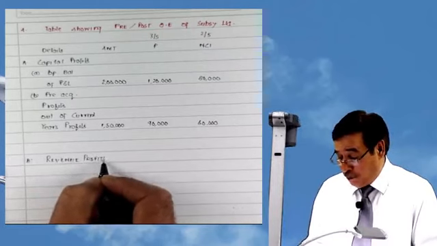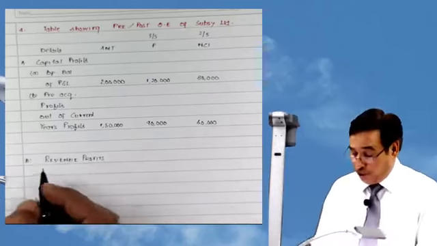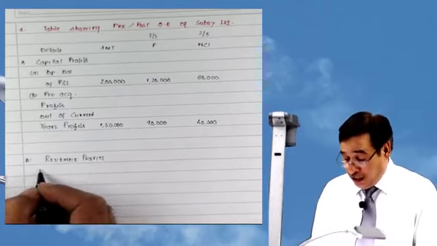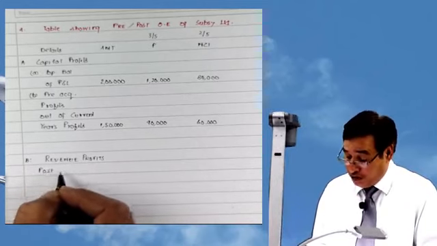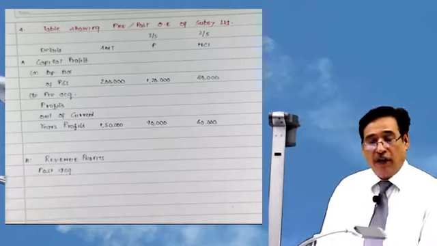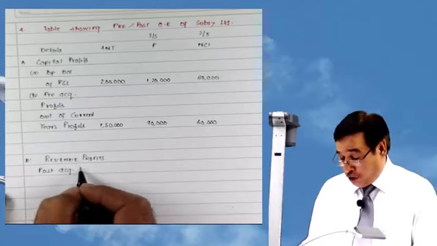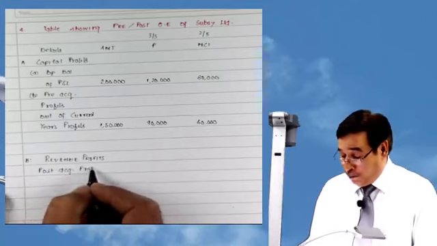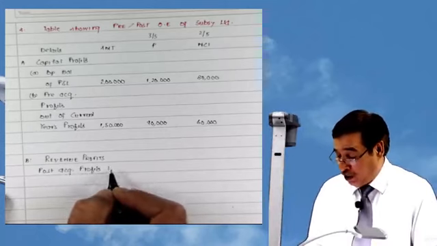We know what we mean by revenue profits. Profits which relates to post-acquisition period. So I will write here post-acquisition profits. Whenever I would say post-acquisition profit, you automatically add to it out of current year's profits. So post-acquisition profits out of current year profits once again are 1,50,000.